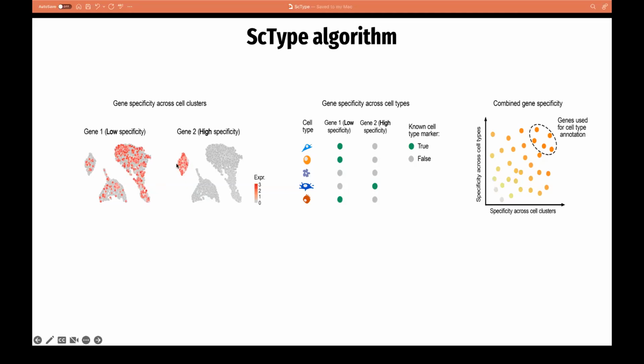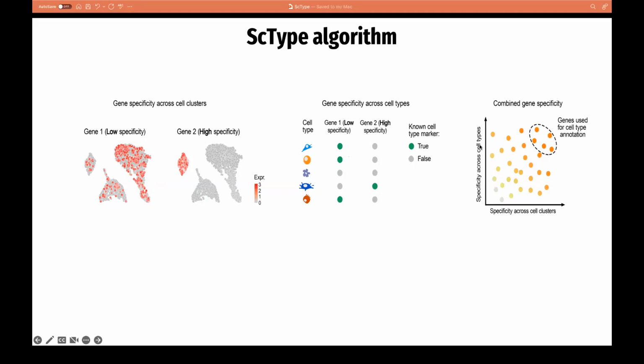And if it has a high, cluster specific expression, then you give a higher score for this kind of marker. And secondly, if a gene is a marker for many cell types, then you give a low score for this kind of marker.